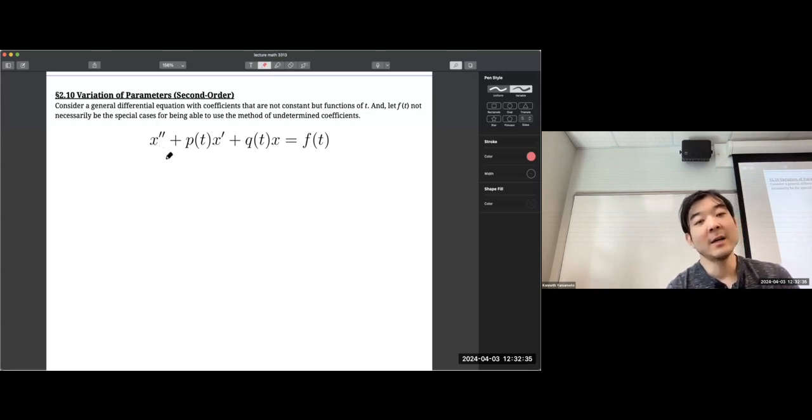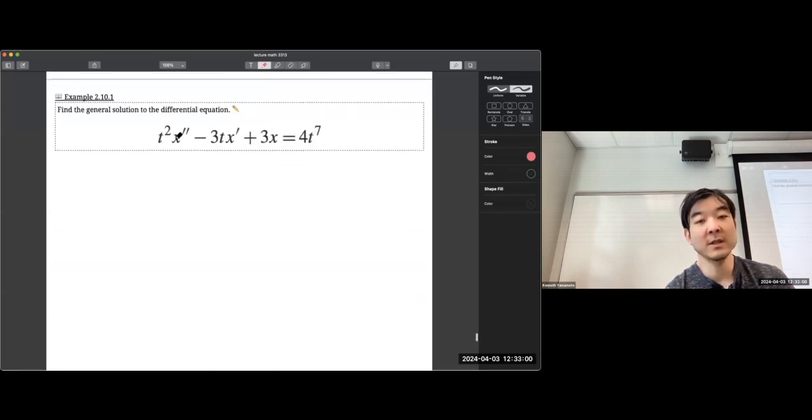A differential equation that has this form makes it look like we're about to solve an equation where we can't have the coefficient in front of x double prime be a non-constant coefficient, but it turns out that those equations can be put in this form very easily.